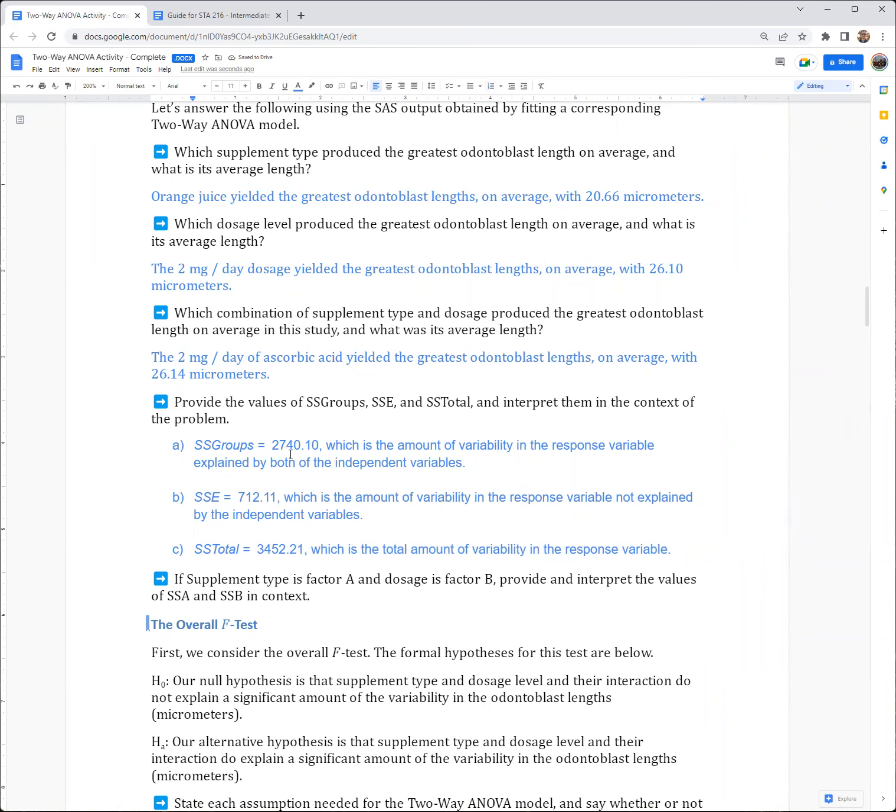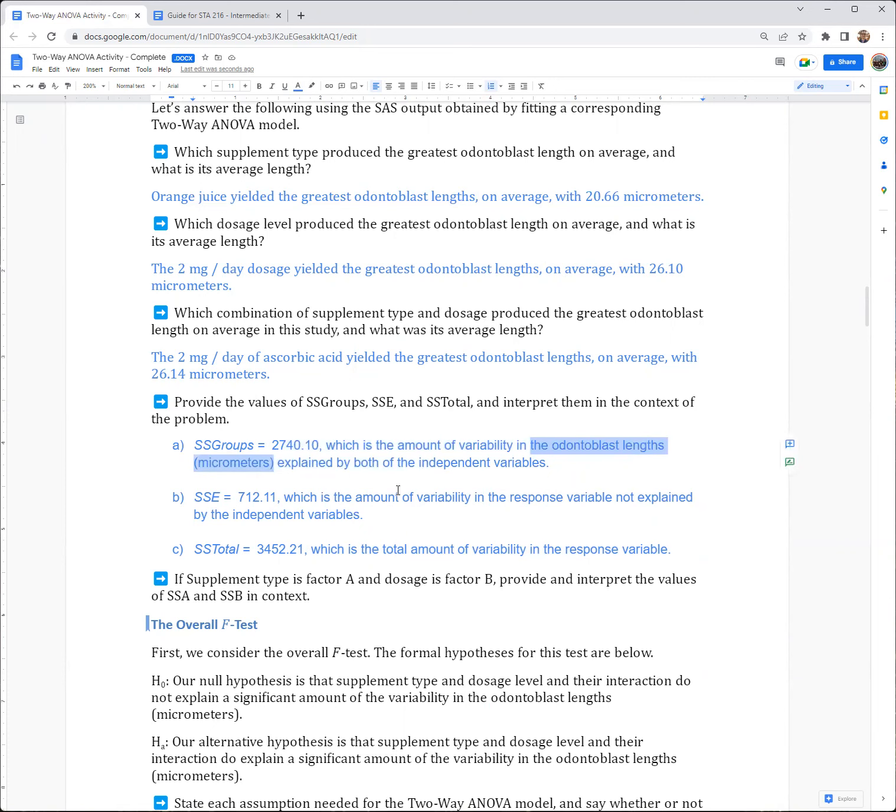So we get the numbers, and then we want to interpret them in context too. So this is the amount of variability in the response variable. So in the odontoblast lengths. Important to include units of measurement here too in the odontoblast lengths.